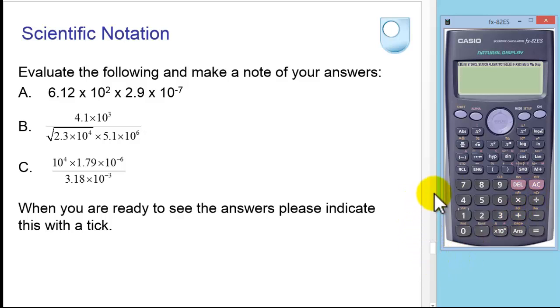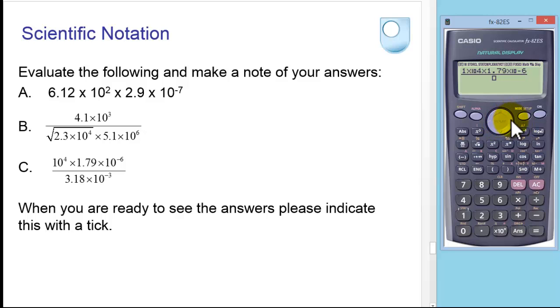And then the final bottom one, again I'll open up the fraction, and 10 to the 4 is the same as 1 times 10 to the power of 4, and then that's multiplied by 1.79. I've accidentally put in 179, so it should be 1.79 times 10 to the power of minus 6.